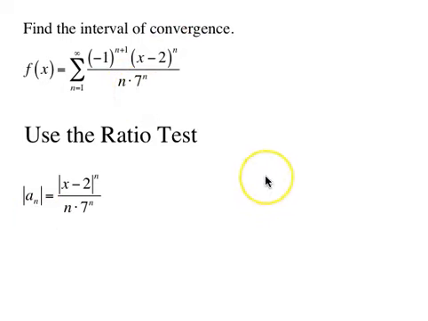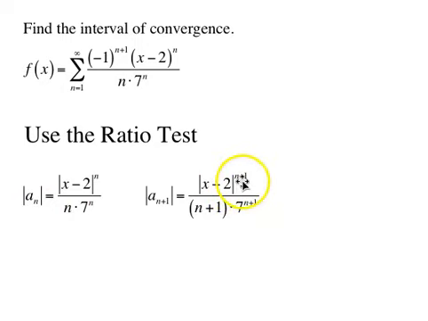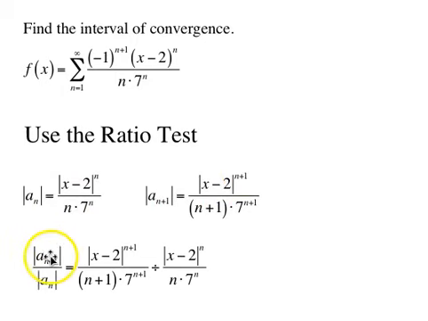Then we'll need absolute value of a sub n plus 1, which is x minus 2 to the n plus 1 over n plus 1 times 7 to the n plus 1. We want to divide these two. That's our strategy. So a sub n plus 1 divided by a sub n. And of course, we're going to invert and multiply.